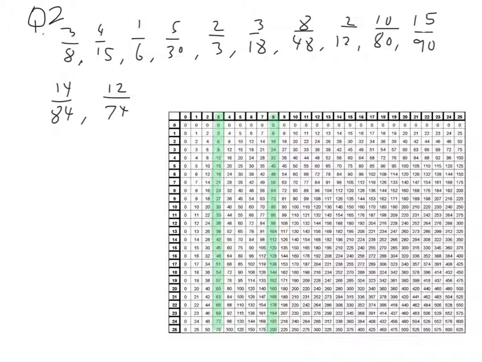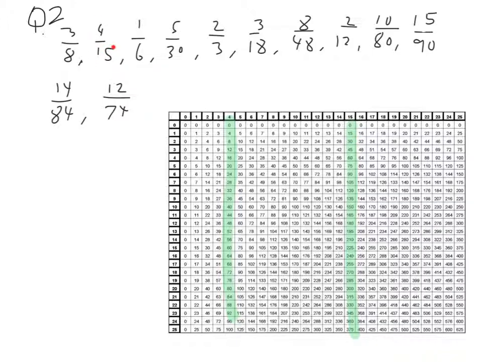So let's try the next one. So we've got 4 over 15. So again, 4 multiplied by 1 is 4, 15 multiplied by 1 is 15. Okay, so that's already there.